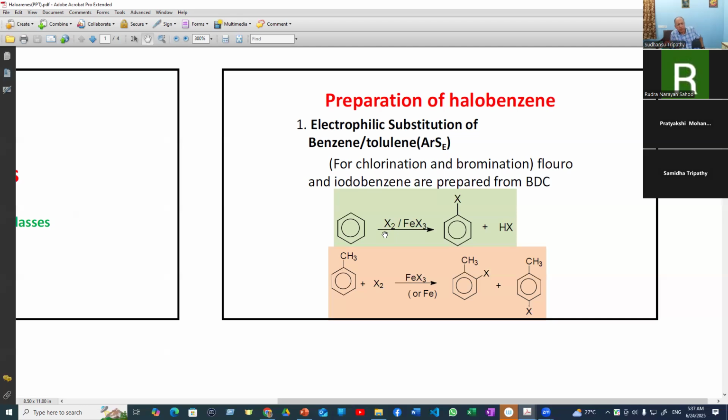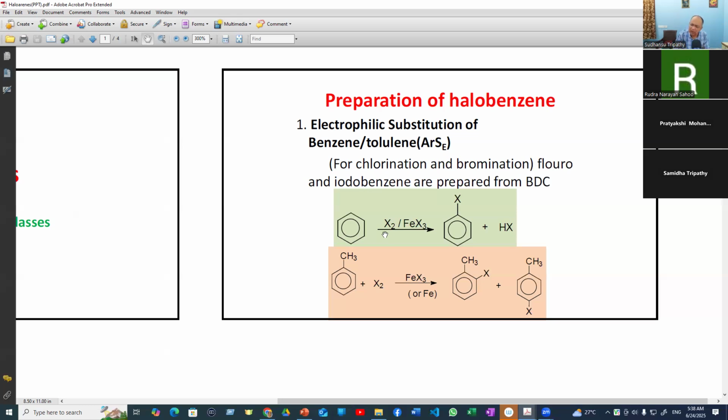We only know the minus M, plus M effect and how we have done the orientation and reactivity, which group is an OP director and an activator. Then we must have done electrophilic substitution. Yes? Yes, sir. We'll be doing it again. We have done electrophilic substitution.